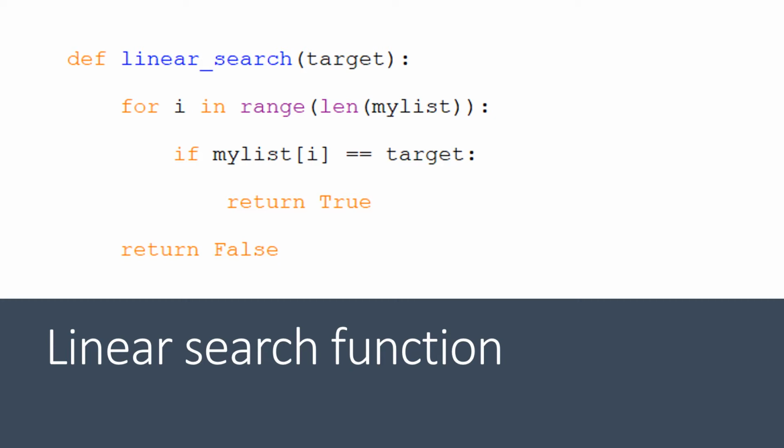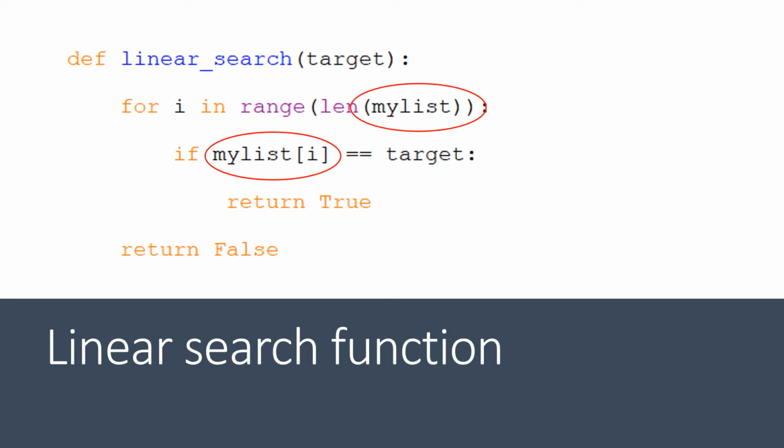So we don't need a found variable, and we can simply return true, or if we get to the end of the whole loop without finding a match, then return false. So it's neater code than the main program code that we needed to write, and in fact we would nearly always write linear search as a function like this. It's a much neater way of programming.